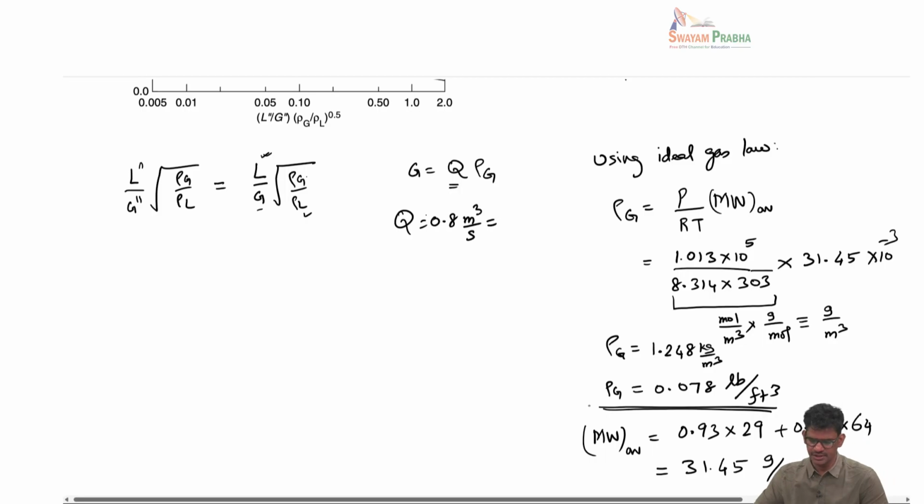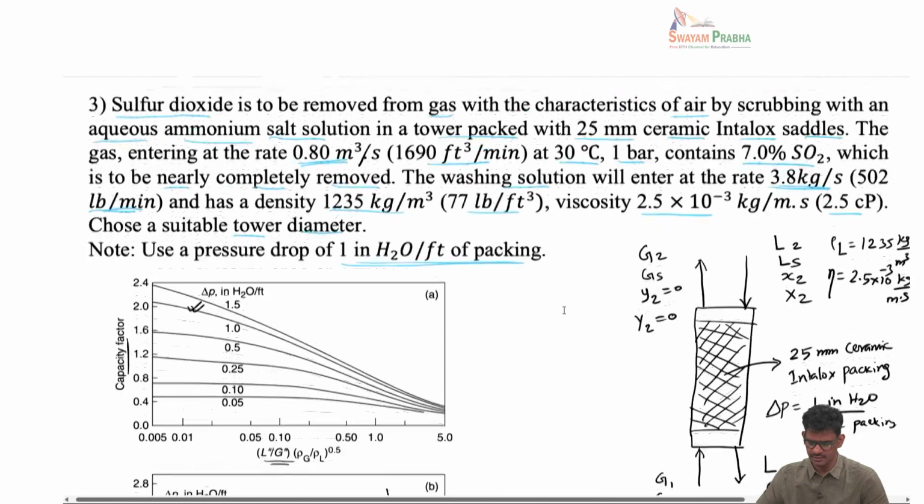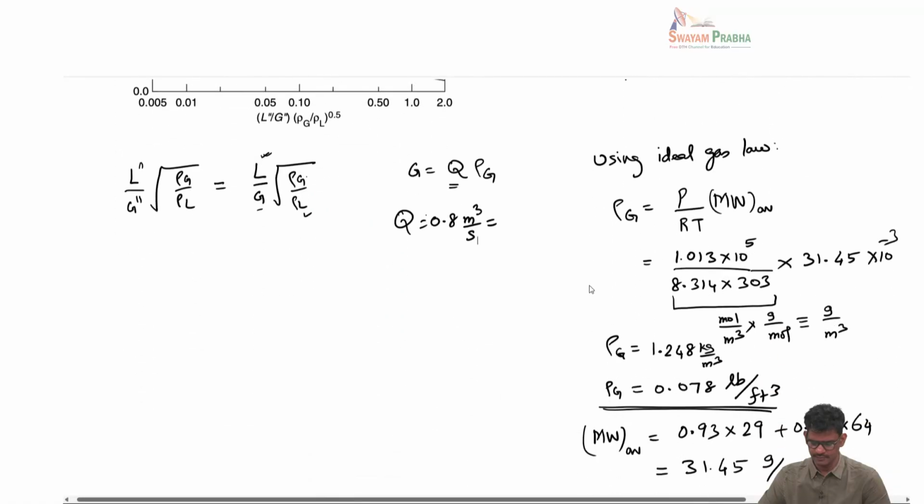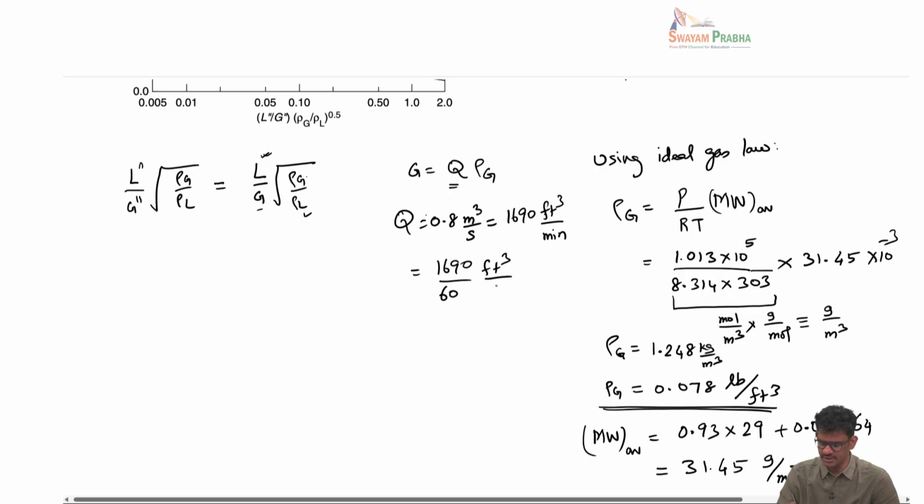I think it's also mentioned in terms of feet cube: it's 1690, but this is given per minute, so I'll divide this by 60 to make it feet cube per second.